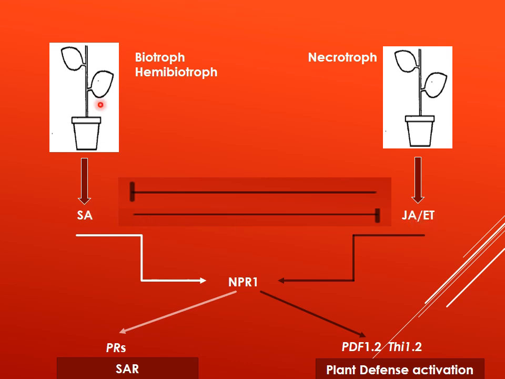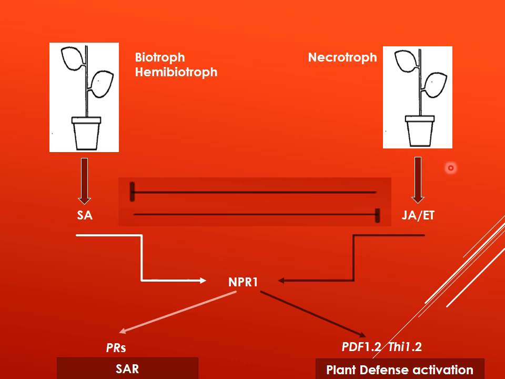It also means that when the plant is under attack by a biotroph or hemibiotroph, it activates one pathway to defend itself by stopping the signaling molecule involved in defense against the necrotroph. Similarly, if the plant is under attack by a necrotroph, then it tries to stop the signaling pathway which has a role in defense against the biotroph or hemibiotroph.